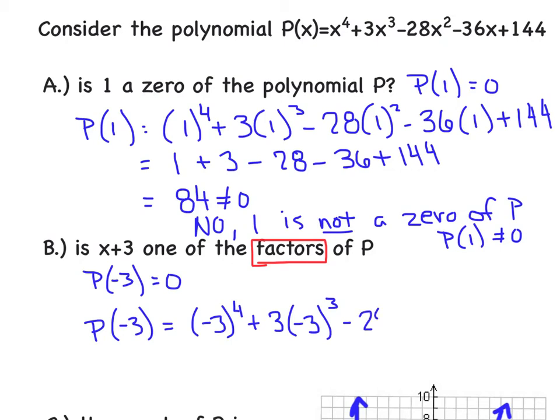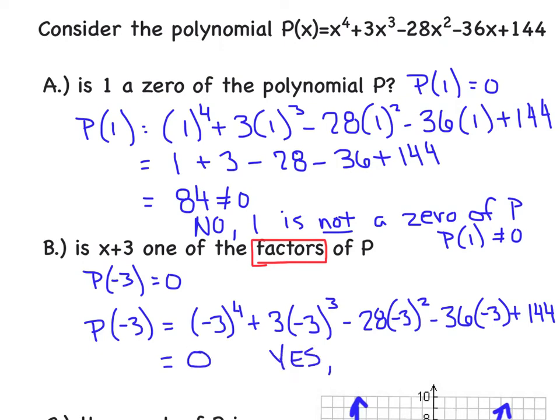I'm not even going to try to show off or anything. We're just going to wave the white flag and start plugging it in on the calculator. And as I'm plugging that in, I do indeed get 0. So I'm thinking, yes, x plus 3 is a factor of p of x.